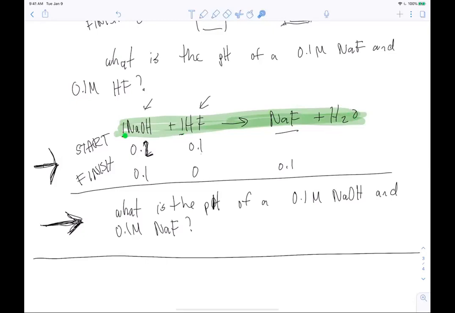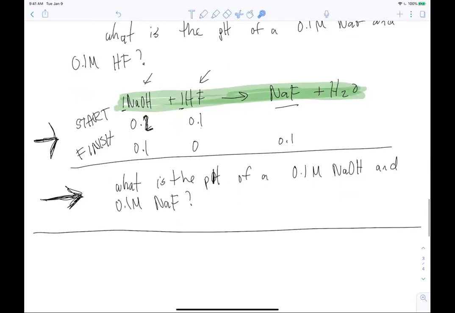So if I start with 1 mole of sodium hydroxide, I need 1 mole of hydrofluoric acid. If I started with 2 moles of sodium hydroxide, I would need 2 moles of hydrofluoric acid. If I started with 2 moles of sodium hydroxide, but I only had 1 mole of hydrofluoric acid, I would expect to have 1 left over. That's essentially all we're saying here. It's just a limiting reagent problem.